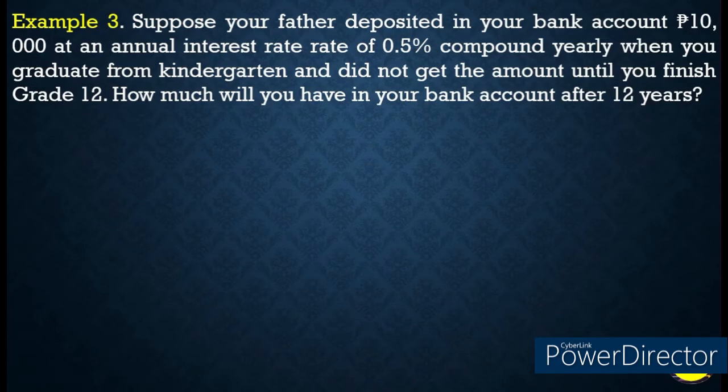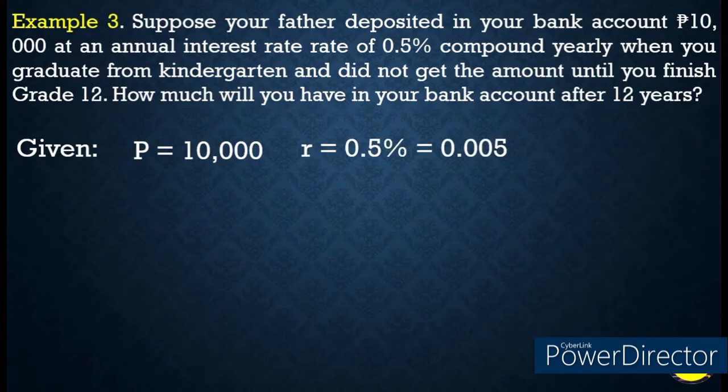So, ano yung mga given natin dito? So, first is the present value. Since yan yung unang amount na dineposit ng father, so that is 10,000. So, ibig sabihin that is the present value. And then, yung rate natin is 0.5%. So, once na kinonvert natin into decimal, that is 0.005. And then, ilang term? After 12 years, so T is equal to 12 years.